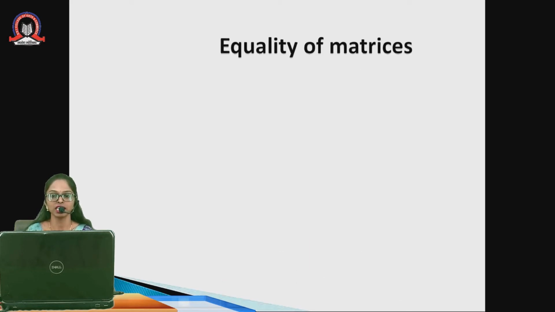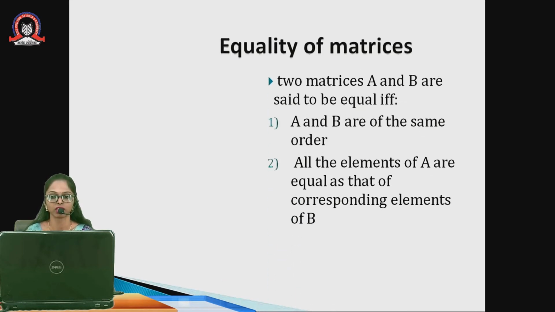Next we see equality of matrices. Two matrices A and B are said to be equal if and only if, first condition, A and B are of the same order, and second condition, all the elements of A are equal to the corresponding elements of B. Then we say that the two matrices A and B are equal.